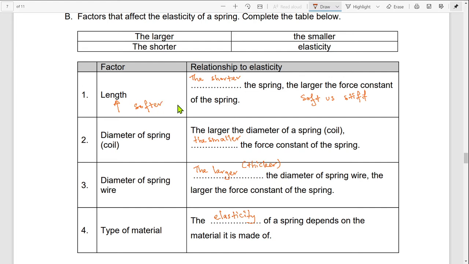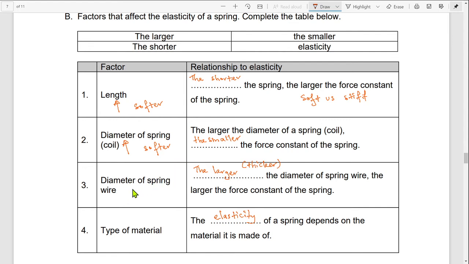Okay, so meaning to say that the spring will be extended easier compared to a short spring. Alright, diameter of the spring. If I increase the diameter, so what happened? Alright, so if I increase the diameter of the spring, it also become softer.